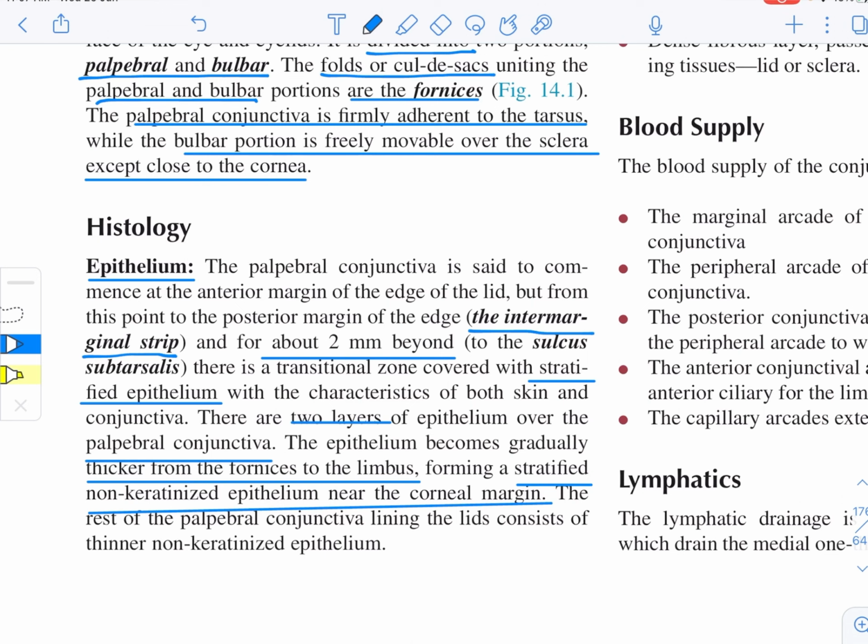The rest of the palpebral conjunctiva lining the lids consists of thinner non-keratinized epithelium. So basically the whole of the epithelium is non-keratinized. Keratinized epithelium is seen in the skin, and conjunctiva is a mucous membrane, so it is a non-keratinized epithelium.